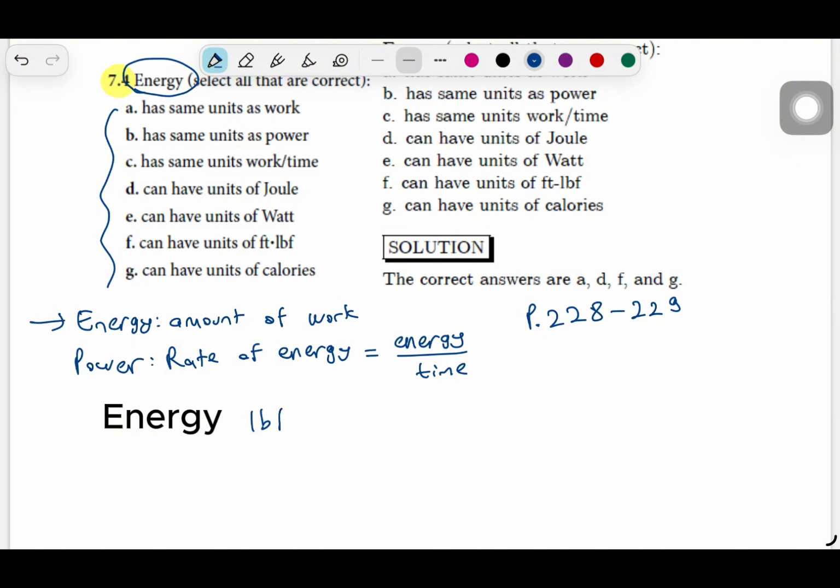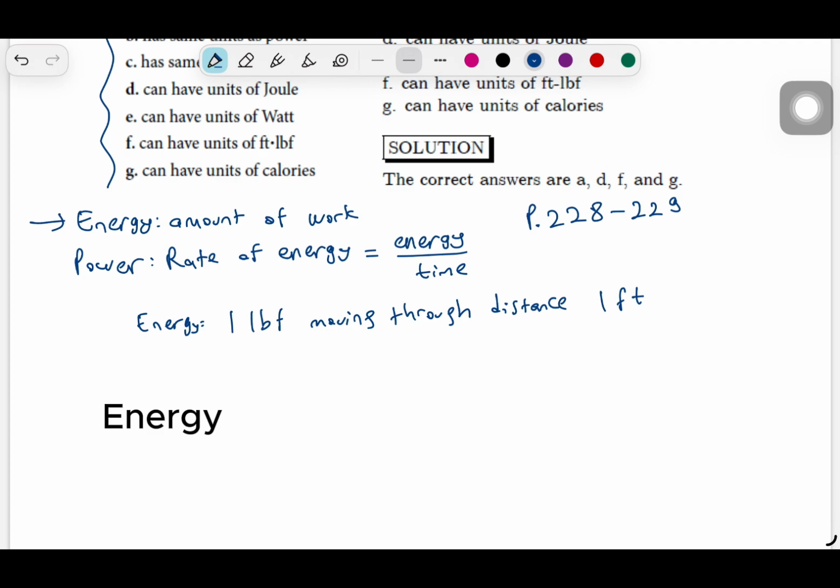1 pound force moving through a distance of 1 foot. So this is one of the definitions for energy. It represents the force of 1 pound force moving through a distance of 1 foot.